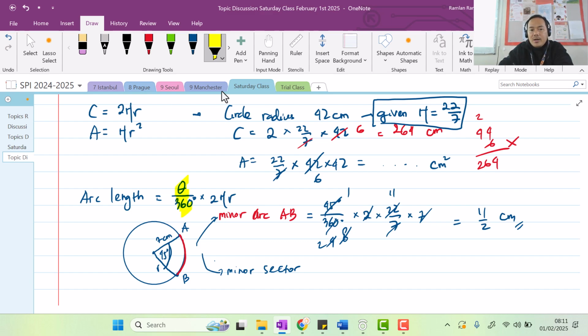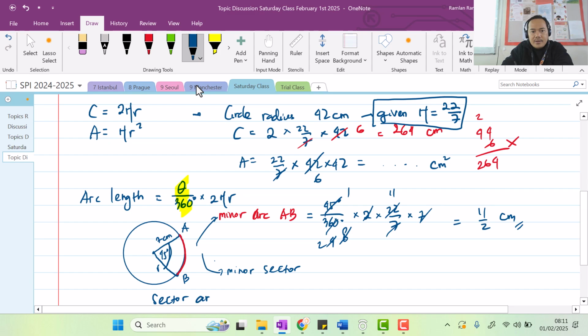It's just this guy over here, but instead of multiplying by the circumference, you multiply by the area of the circle. So the sector area will be equal to theta over 360, and then multiply by the area, which is pi r squared.